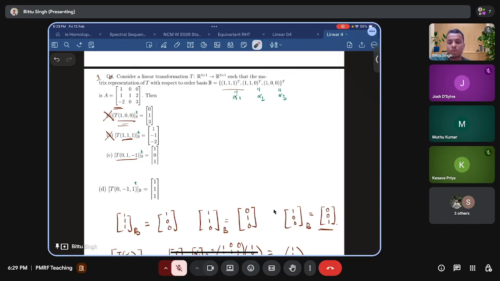To see the general process, I am writing this explicitly.